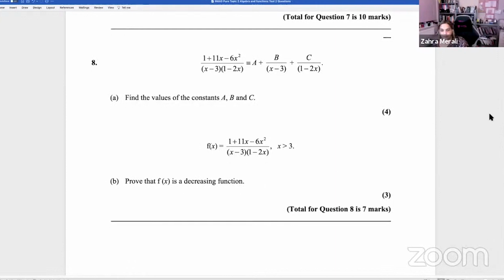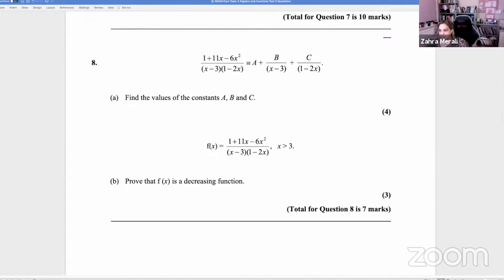Right, so here we've got partial fractions. Partial fractions can be done in a variety of ways. You will either use long division to find your a, or you can equate coefficients, or you can substitute numbers in.